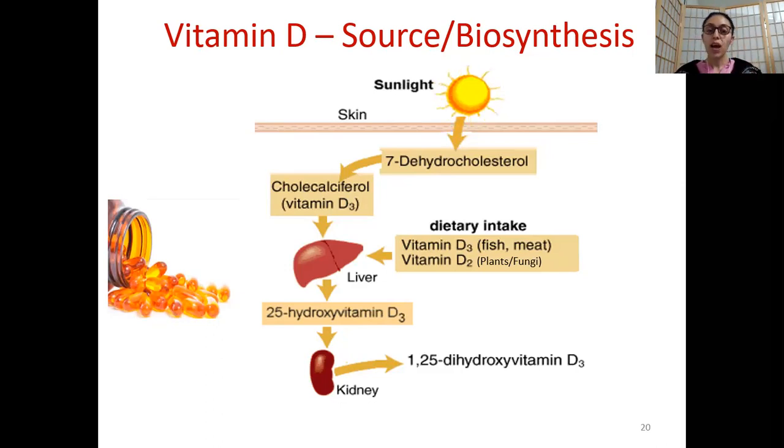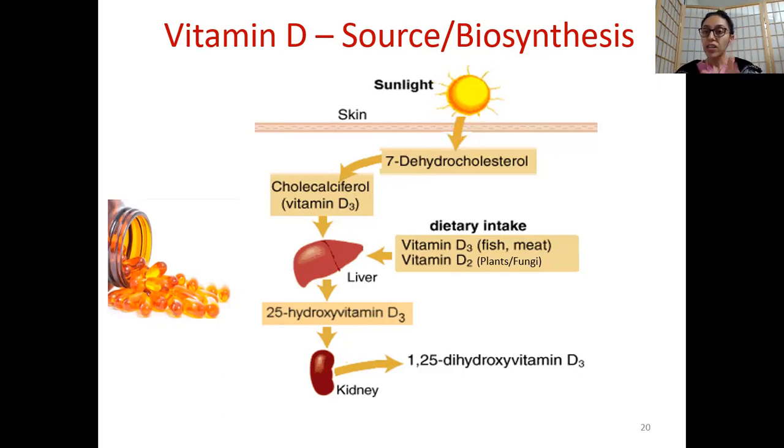Now this vitamin D goes to your liver. The liver is the first site for activation of vitamin D. This is also called hydroxylation of vitamin D, which happens on the 25th carbon atom. Then this 25-hydroxy vitamin D3, or 25-hydroxycholecalciferol, goes to your kidney, where it is hydroxylated on the first carbon atom.